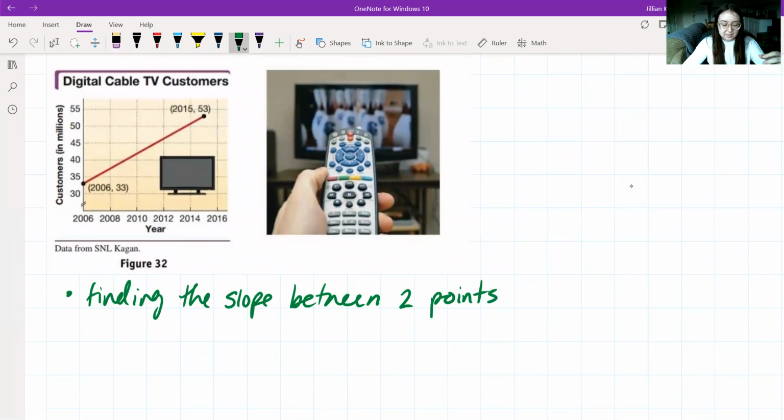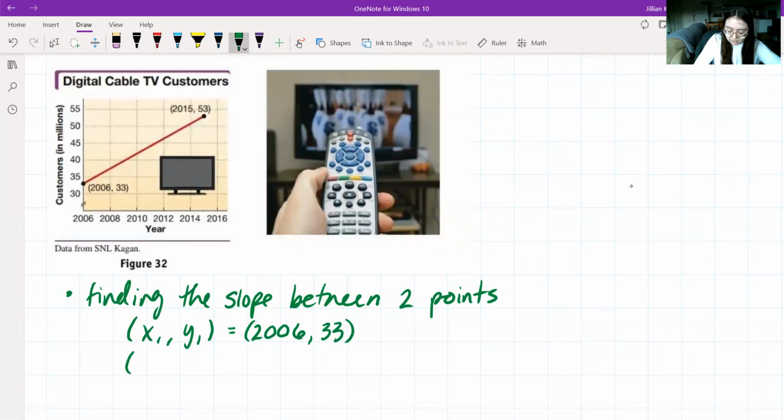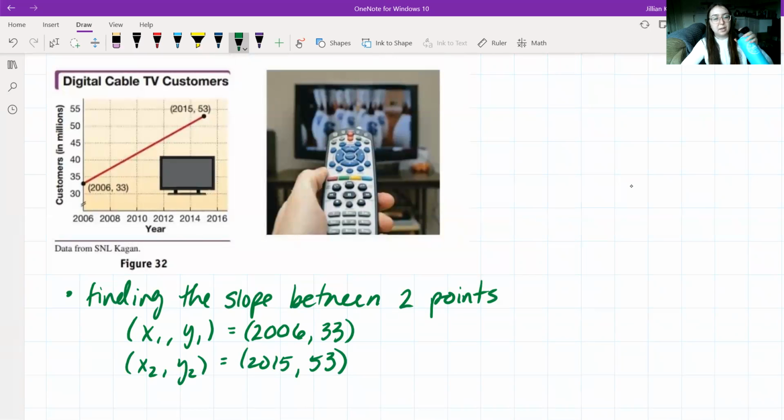And our 2 points in this case are 2006, 33 and 2015, 53. So let's say our x1, y1 is 2006, 33, and our x2, y2 is 2015, 53. So we found our 2 points, and we want to use our formula for slope.